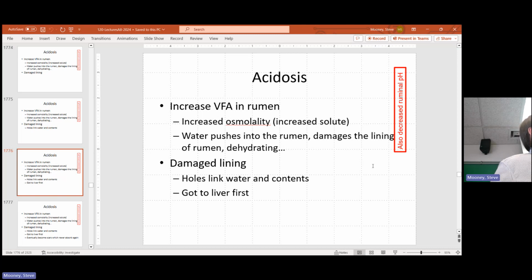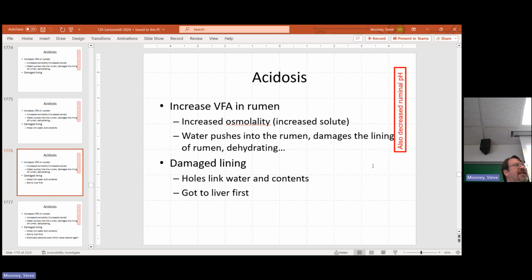Goes into the blood, the capillary bed that surrounds the rumen. Then where does it go? All that blood is collected into the portal vein. And then that portal vein opens up into a capillary bed that feeds the liver.